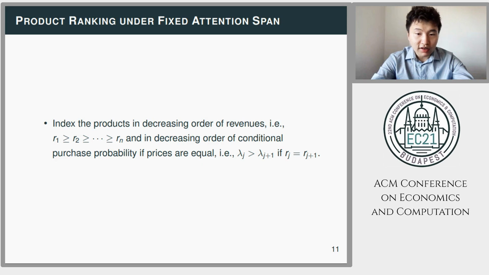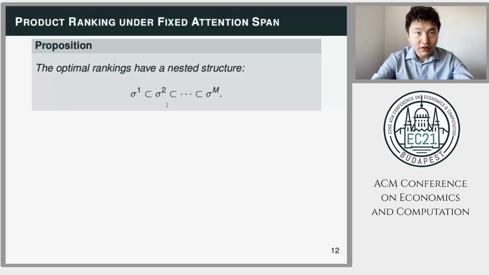Before going into details, in this work, we index the products in the order of decreasing revenues for ease of notation. Our first surprising result in this work is that the optimal rankings under different attention spans have a nested structure such that sigma 1 is a subset of sigma 2, and sigma 2 is a subset of sigma 3.